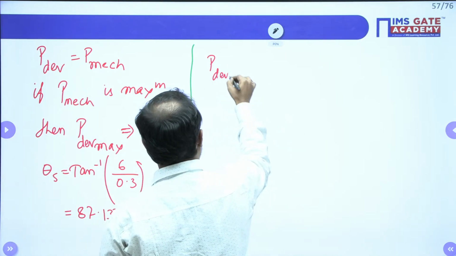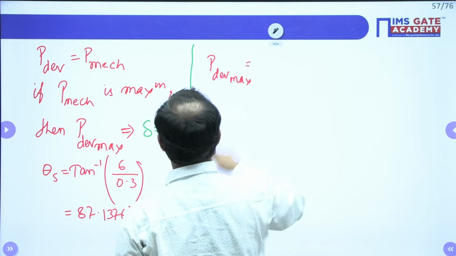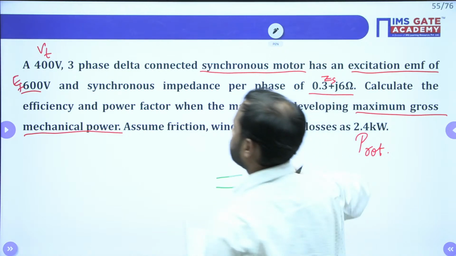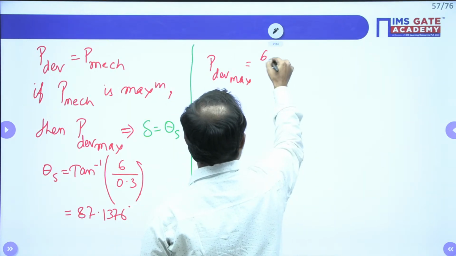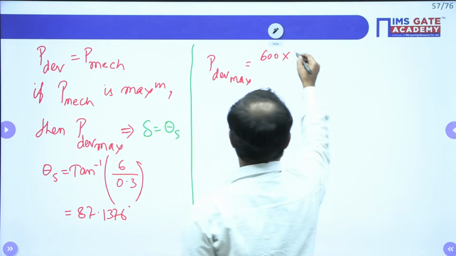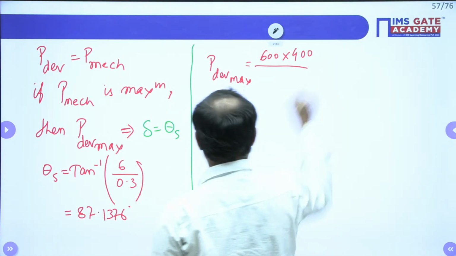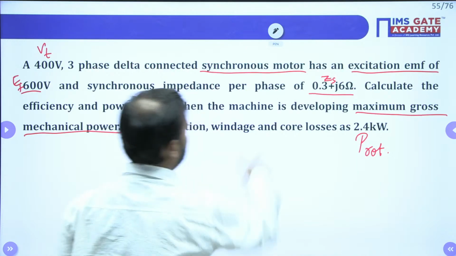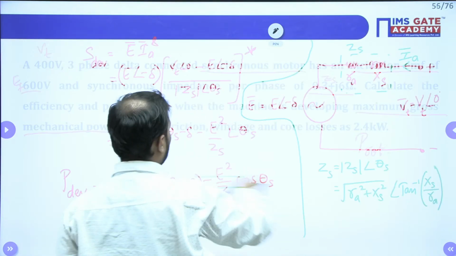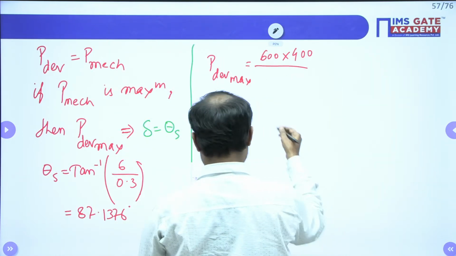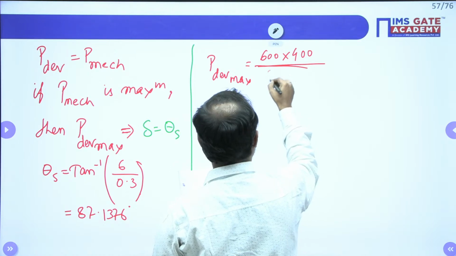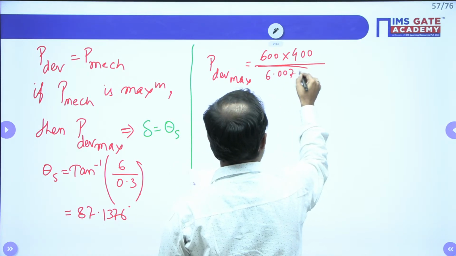Okay. So P develop maximum is equal to what? EF is given, which is 600. Vt is 400. Zs, this is the magnitude of Zs. Take the magnitude, root over 3 times the magnitude, you will get 6.0075.